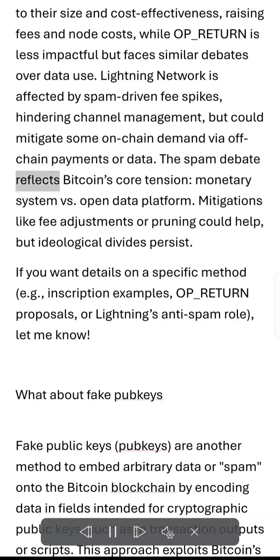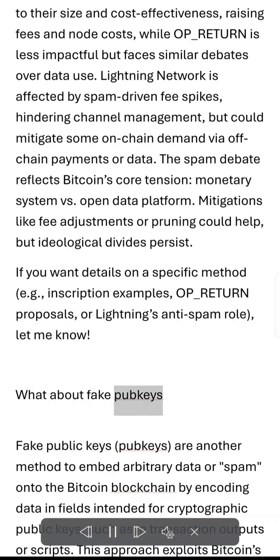The spam debate reflects Bitcoin's core tension: monetary system versus open data platform. Mitigations like fee adjustments or pruning could help, but ideological divides persist. If you want details on a specific method, e.g., inscription examples, OP_RETURN proposals, or Lightning's anti-spam role, let me know.